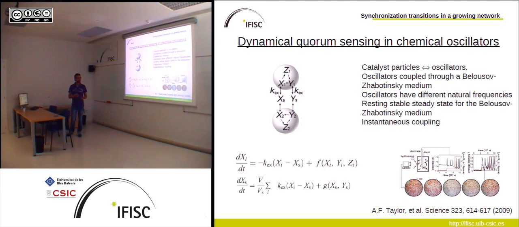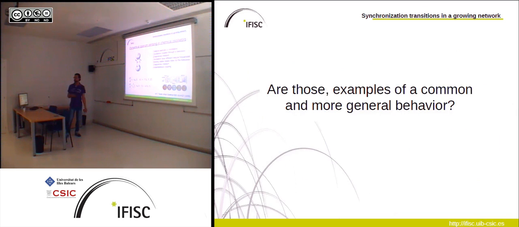It's not simple. I don't know if it's possible to change the topology using these chemical oscillators, but it could be possible, for example, using semiconductor lasers. Or there are other systems with other coupling topologies. Is it possible in these other systems to show these two types of transitions? So all of these questions came to our mind after reading these two works.